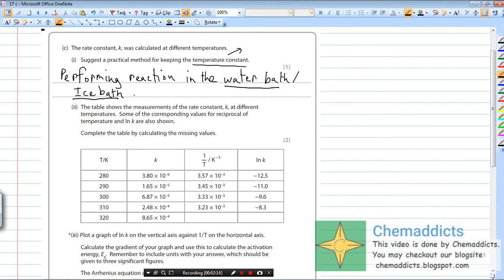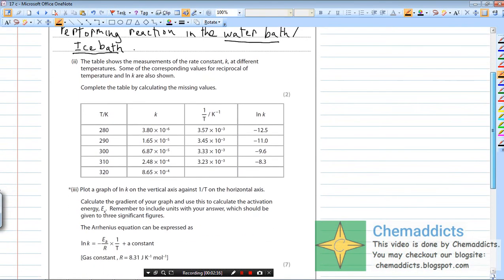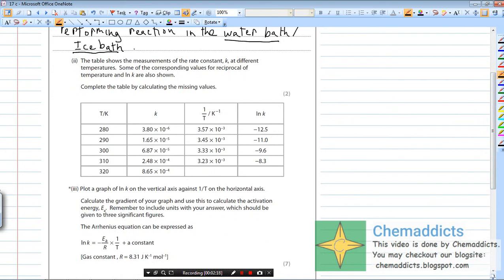Okay, so in this question the table shows the measurements of the rate constant K at different temperatures. Some of the corresponding values for reciprocal of temperature and ln K are shown. Here at first they have asked us to complete the table, calculating the missing values.